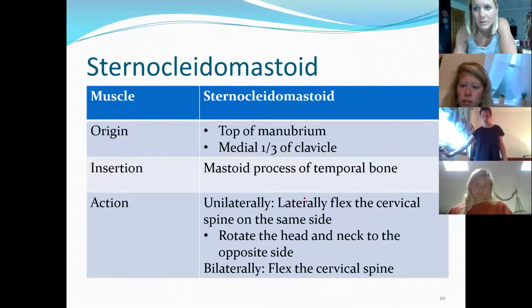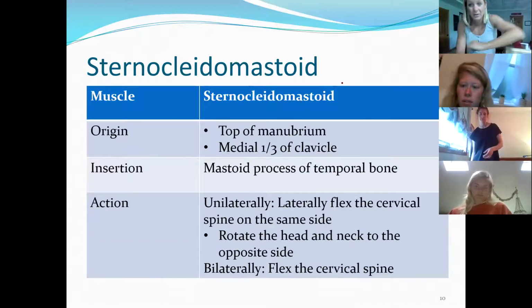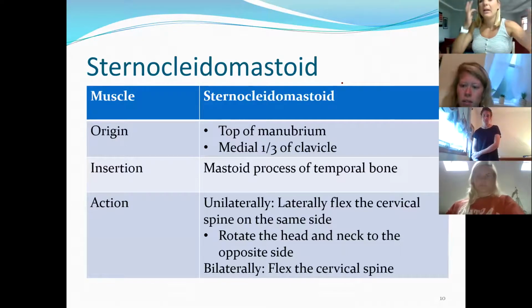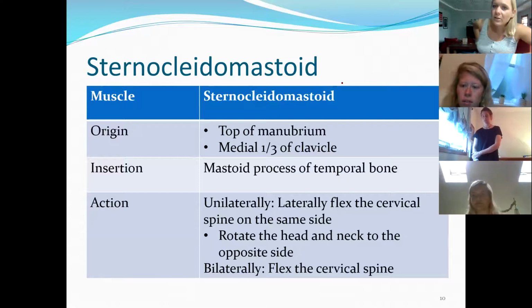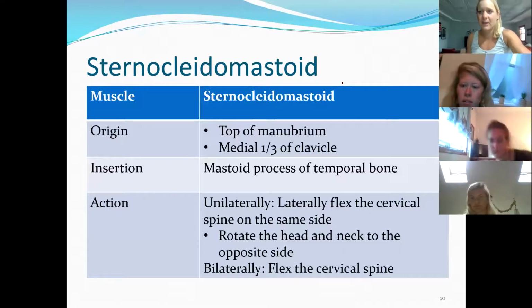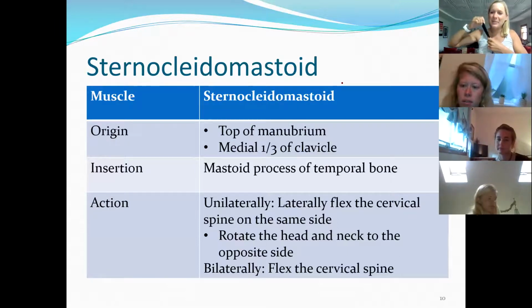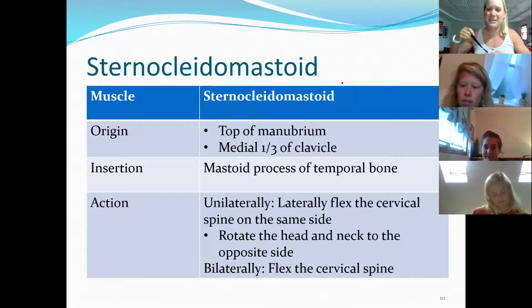Okay. So now I want to talk about sternocleidomastoid. This one's kind of tricky in terms of getting which side does which action. So again, I would encourage you to use a band, like I usually use in the lab. I have a stretchy heart rate monitor strap that I found at my house that I was going to use today.